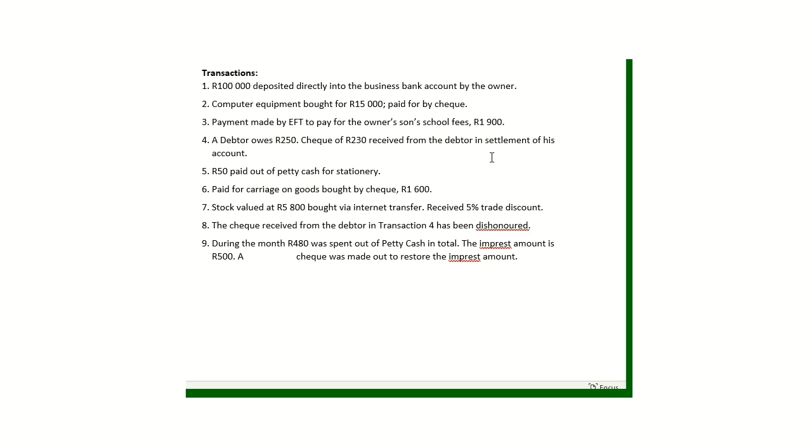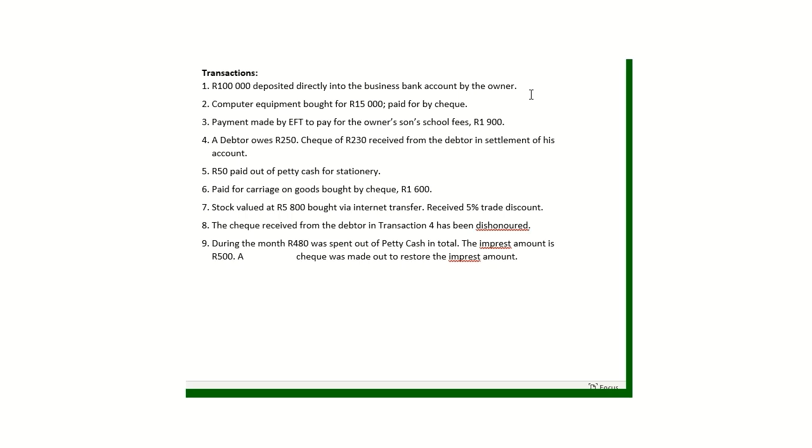It is called an asset. But it can happen that we paid out more money than what we've got in the bank. In other words, we now owe the bank money. We make an arrangement, which we call an overdraft facility, with the bank. They will allow us to pay out more than what we've got in the bank, but then we owe them money. Then it becomes a liability.